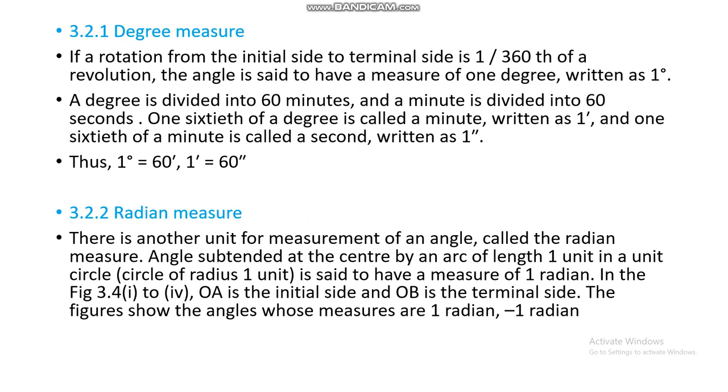Now we will see how to measure the radian. Radian is a unit of measurement of angle. The angle subtended at the center by an arc of 1 unit length in a unit circle is said to be 1 radian.